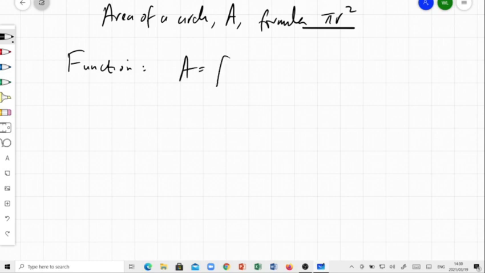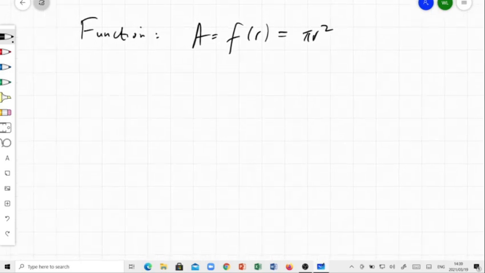So we shall view A as a function of r, in the sense that what this function f does is it transforms, it operates on r, and it transforms it into a new number called pi r squared, which actually gives you the area.